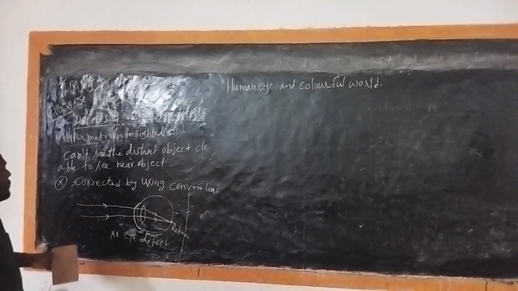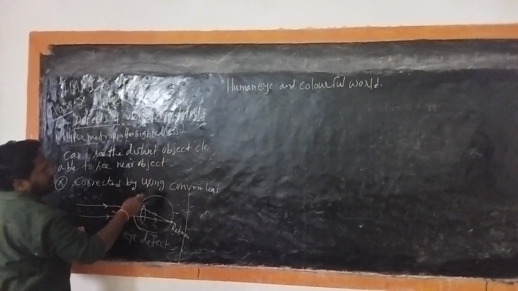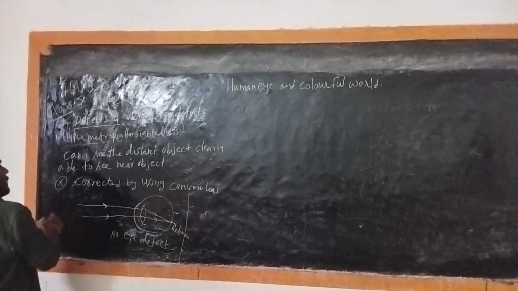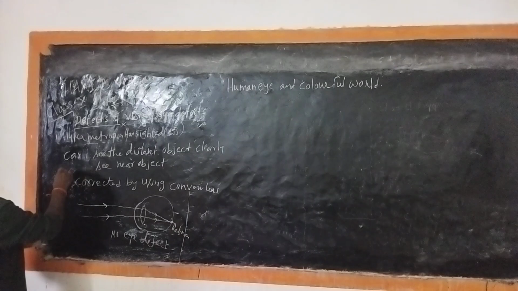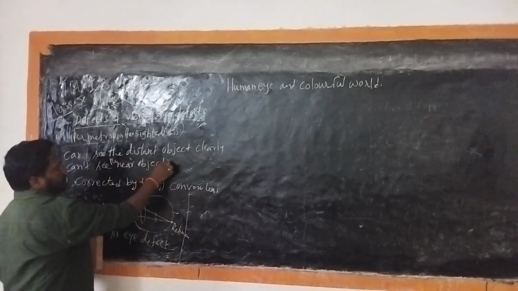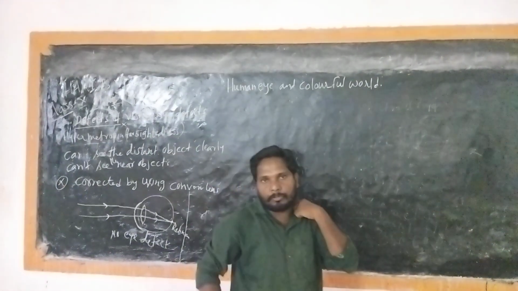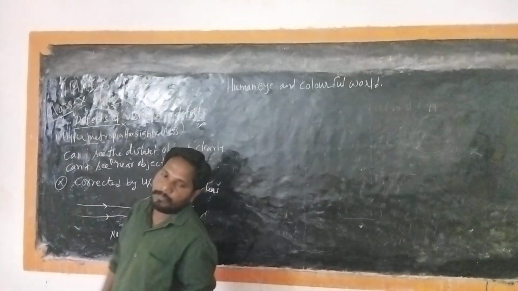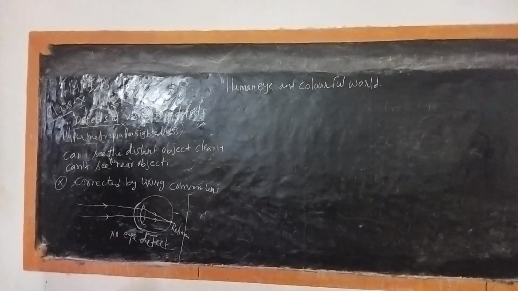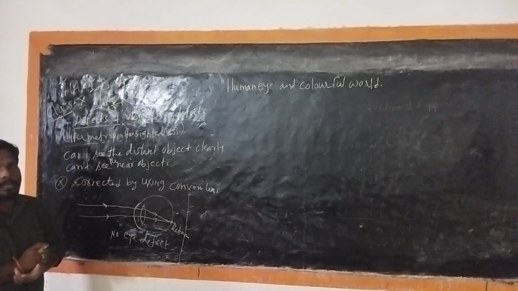The person can see the distant objects clearly but cannot see the near objects. Hypermetropia is completely different from, or opposite to, myopia. The person is able to see the distant objects but unable to see the nearer objects.